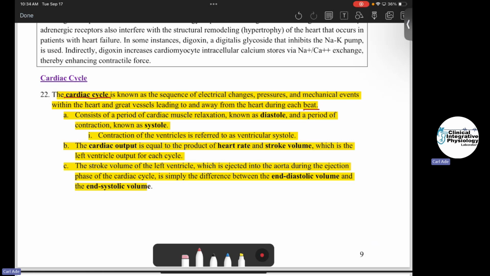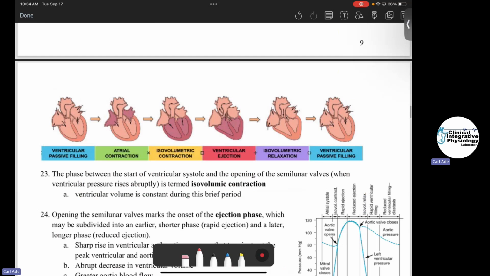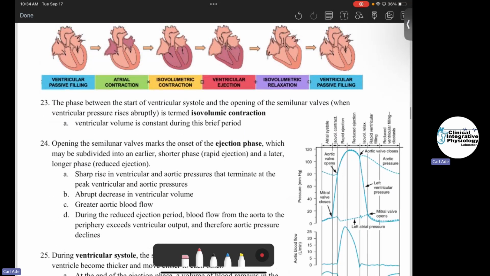It is the difference between the end-diastolic and end-systolic volume that gives us that stroke volume. So these are some nice definitions, but what do they really mean, and how do we understand them in a way that we can put them to our advantage, whether we're training an athlete, training a patient, anything in between.